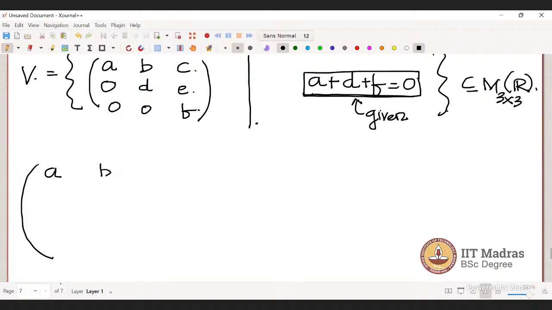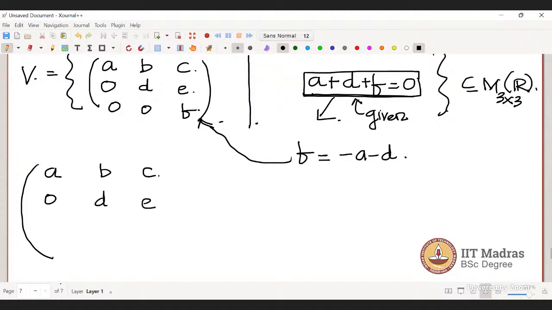From here, I can write F as minus A minus D, right? So I'll just replace this over here: A, B, C, 0, D, E, 0, 0, minus A minus D. So an arbitrary element of V should be in this form.